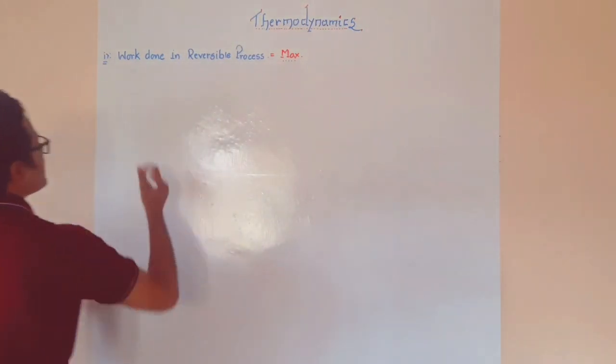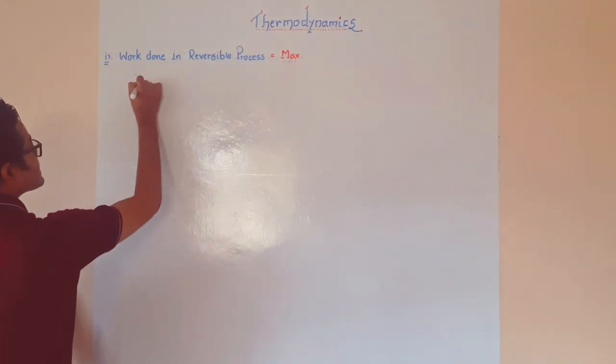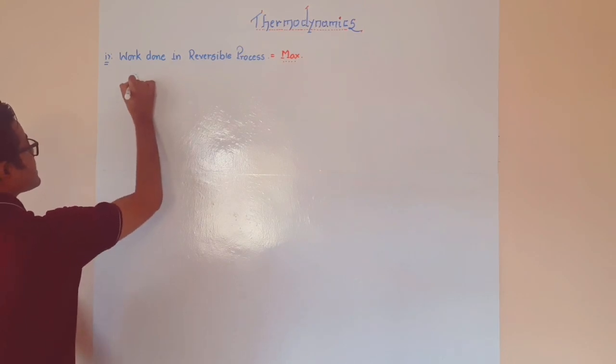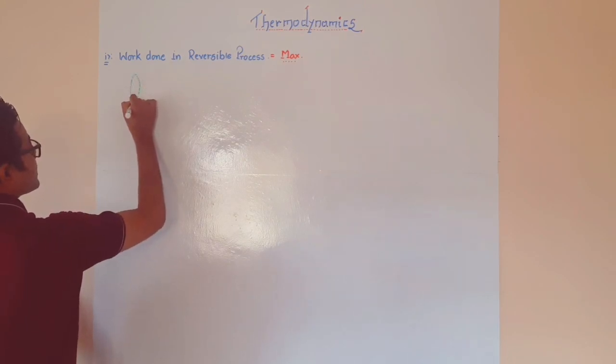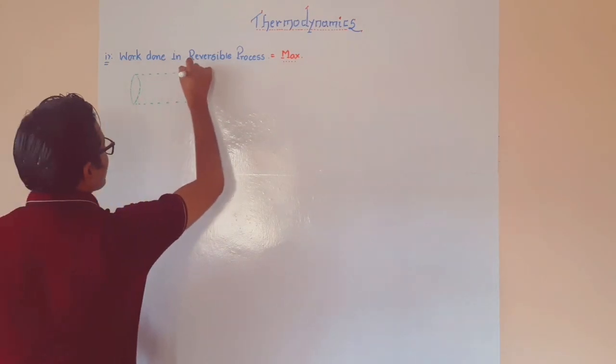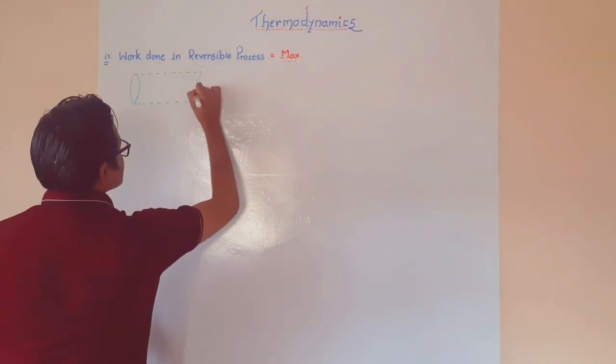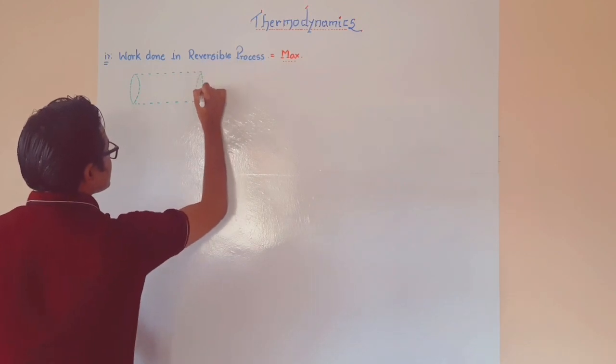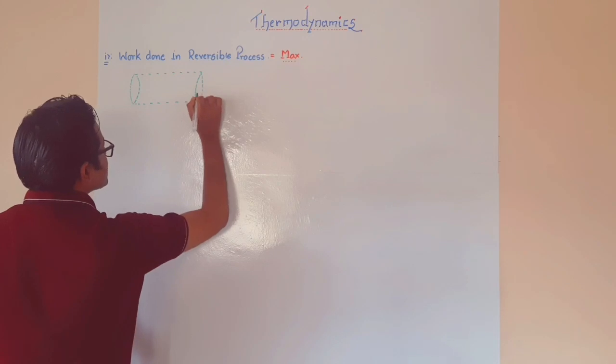In order to prove this point, let us say that we have a particular cylinder. Let's say this is one side of the cylinder, and this is an opening of the cylinder at the other end.